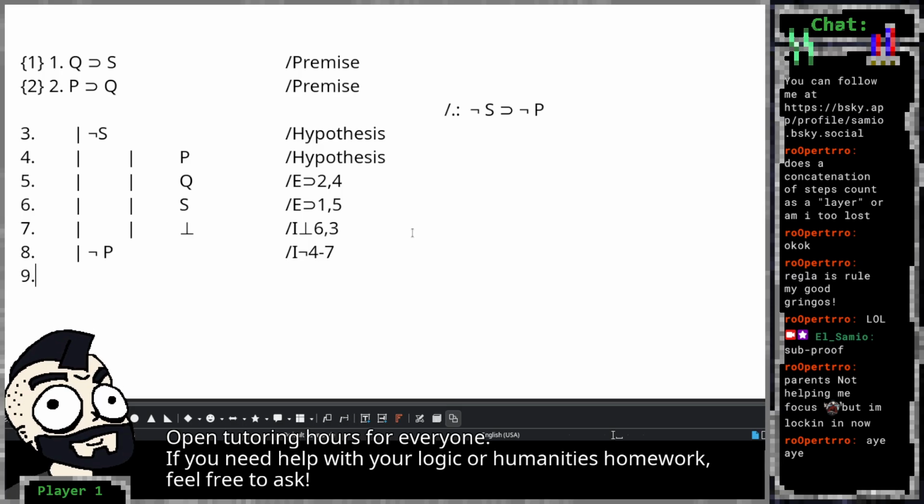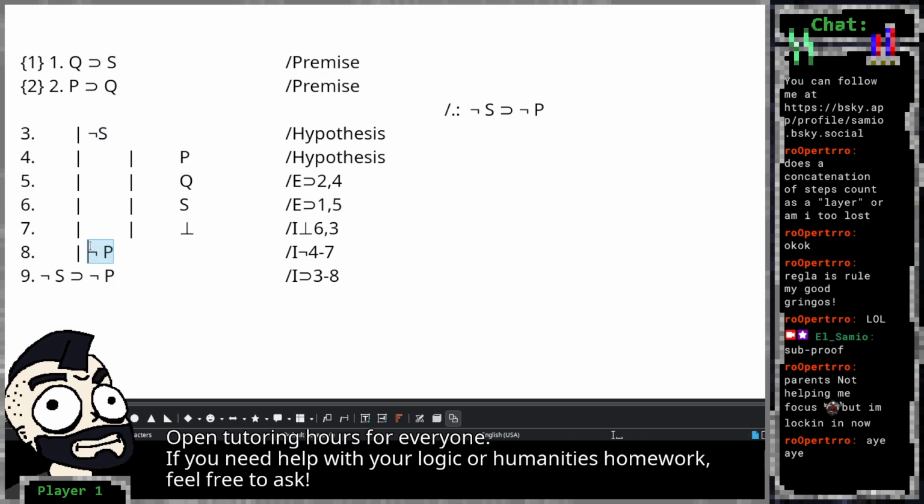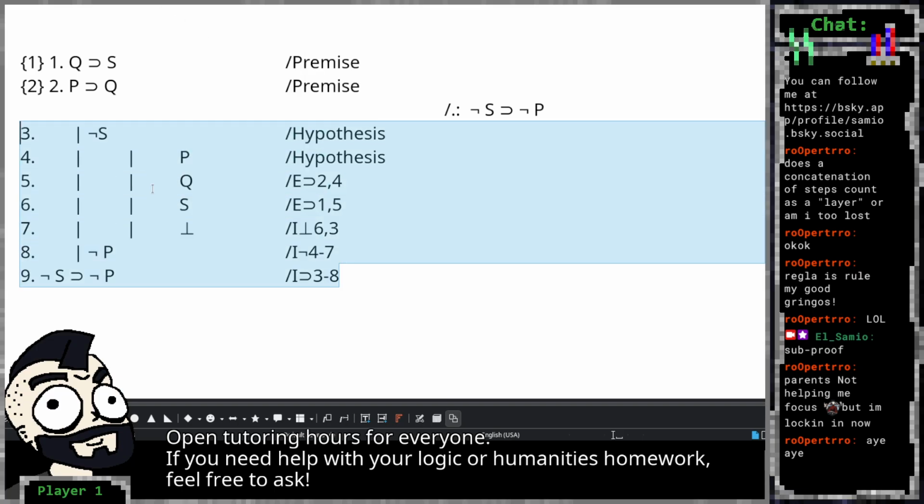And thankfully, this lets me arrive at the conclusion because I have a subproof that started at 3 and ended at 8, in which the first formula that appears on the subproof is not S, and the last formula that appeared on the subproof is not P. And that's it.